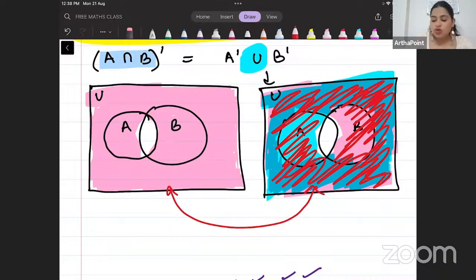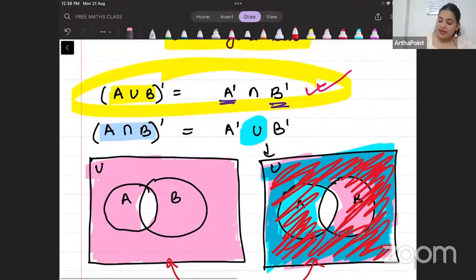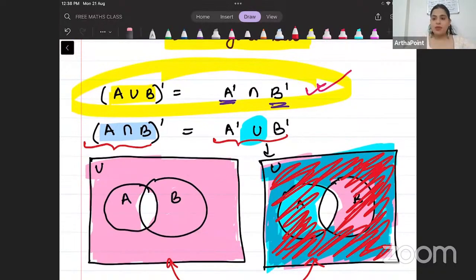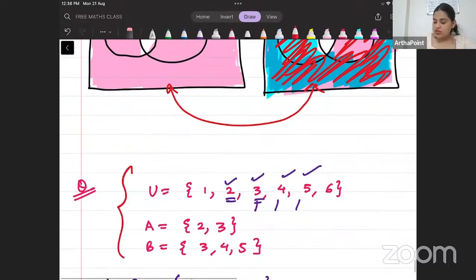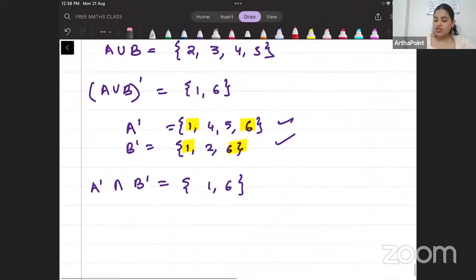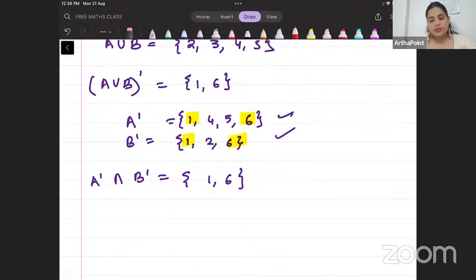What is shaded here and what is shaded there is the same. So again, we have proved De Morgan's law that (A intersection B) complement is equal to A complement union B complement. I want you to try this using this example also, just like I proved the first part.